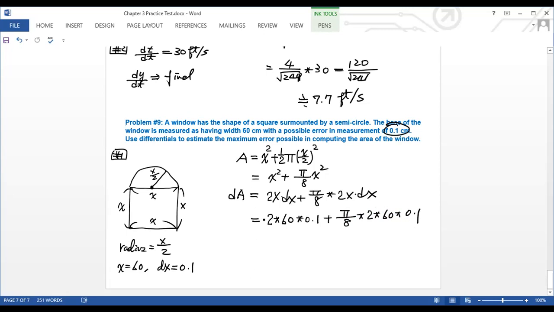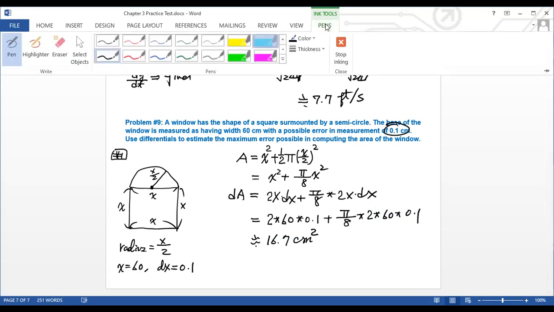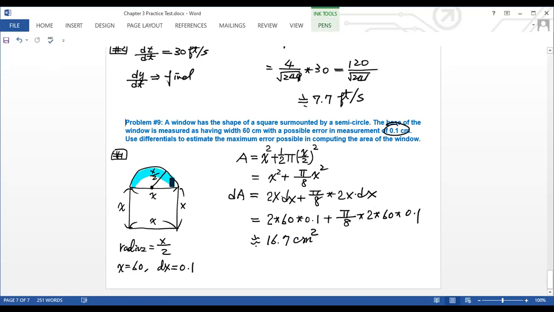Okay, now if you put this into the calculator, you will get about 16.7 square centimeters. That means the maximum error for the whole window, which includes a half circle and also the square.